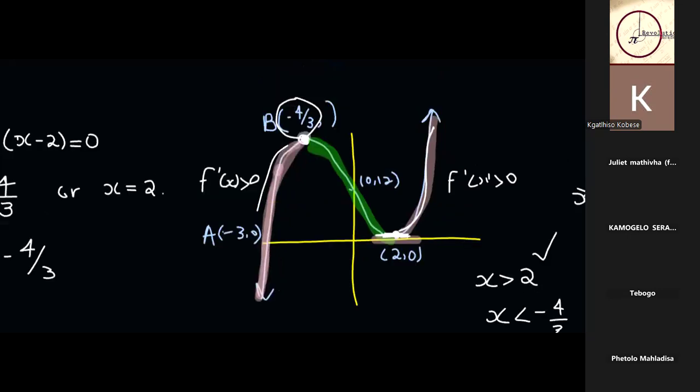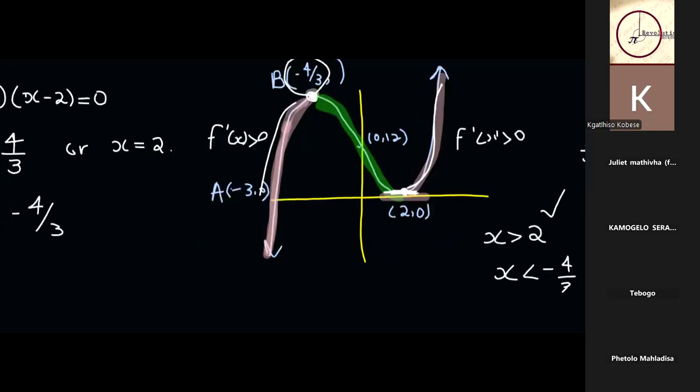So you can basically write it like that. Since they say write down the values of x for which the graph increases, you'll tell them the graph increases when x is greater than 2, or the graph increases when x is less than -4/3. So that's how we deal with this question.